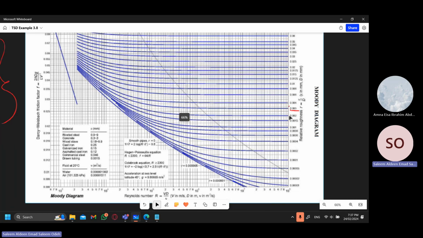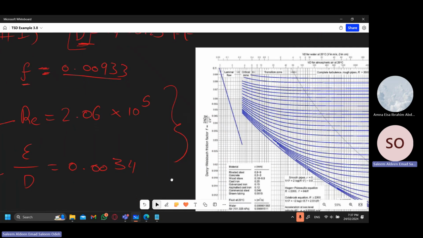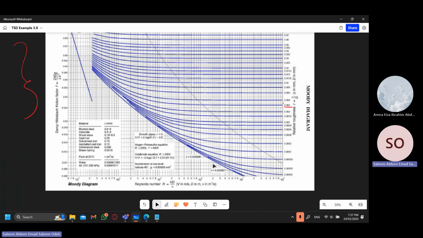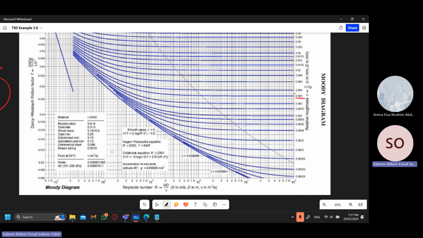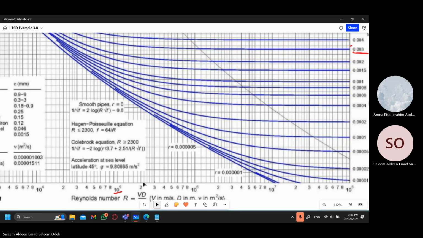So we have 0.003 and the Reynolds number is 2.06 times 10 to the power of 5. Since it's 2.06, we'll just go here.